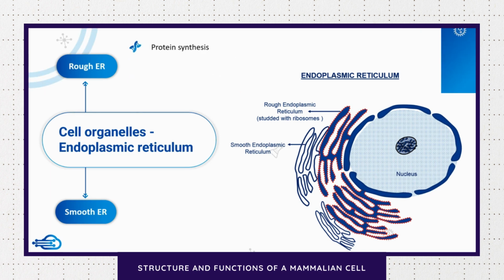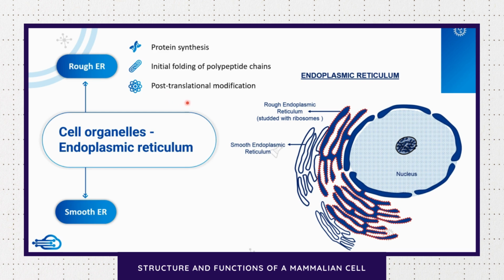Now the rough endoplasmic reticulum is responsible for synthesis of proteins. It is responsible for initial folding of polypeptide chains, right? Because ribosomes are there and they are the ones synthesizing proteins, isn't it? So that's why it is responsible for protein synthesis, plus the folding of the polypeptide chains which are forming is done in the rough endoplasmic reticulum.